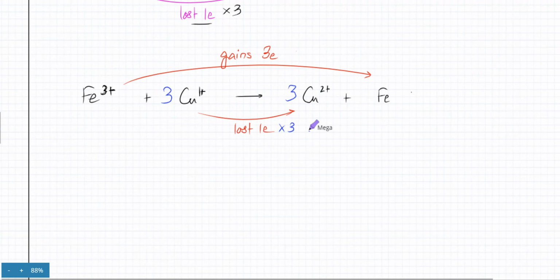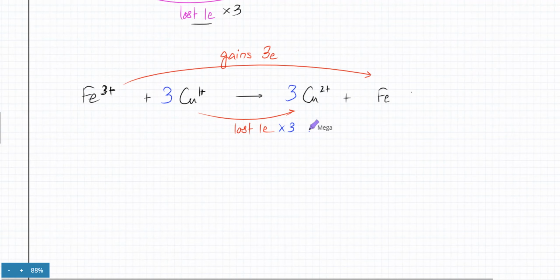So just a second, let me open and write an equation. Let me copy this first.